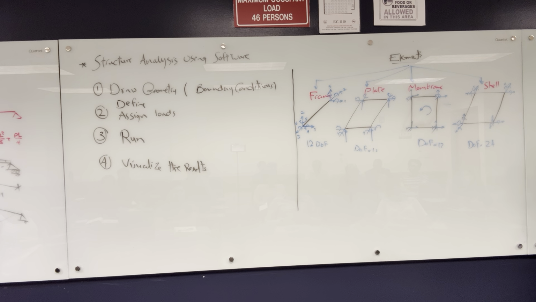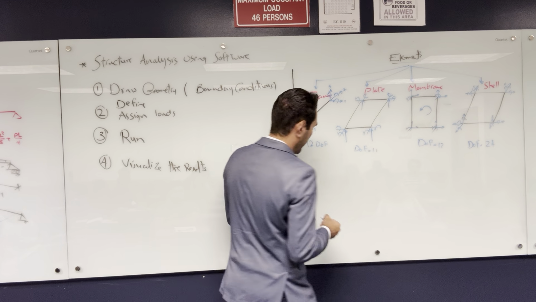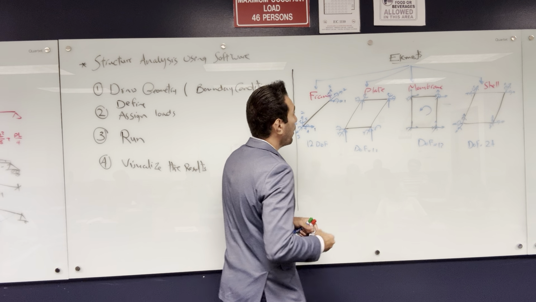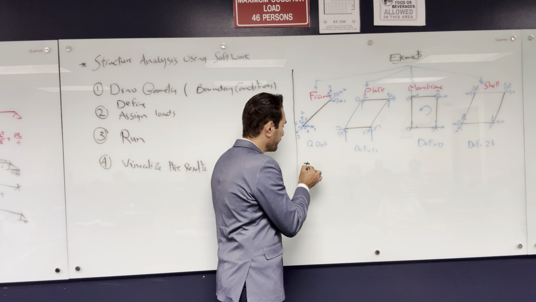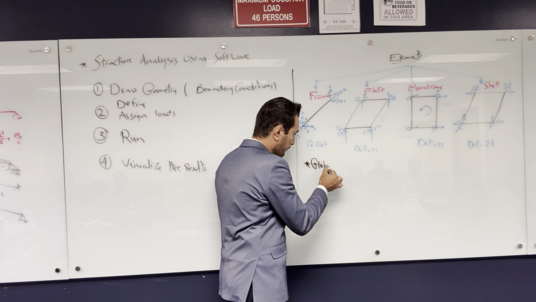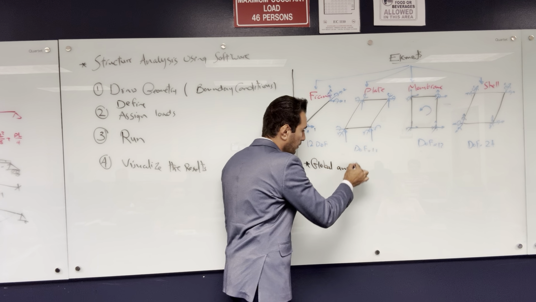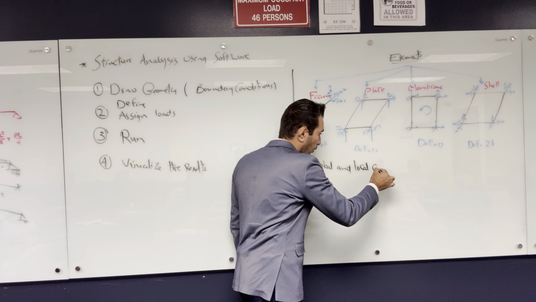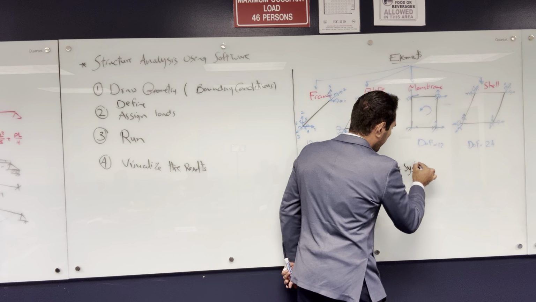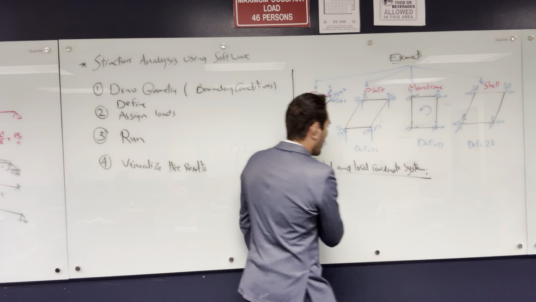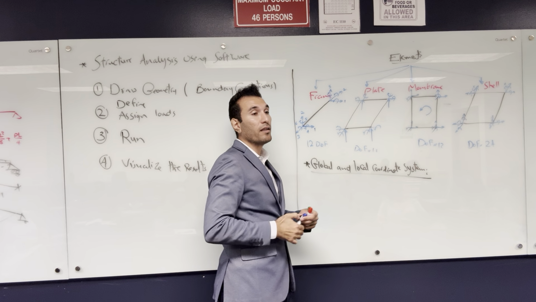All right, so something else before we start doing any examples on the computer is the local coordinate system. Let's say global and local coordinate system. Any software has a global and local coordinate system.